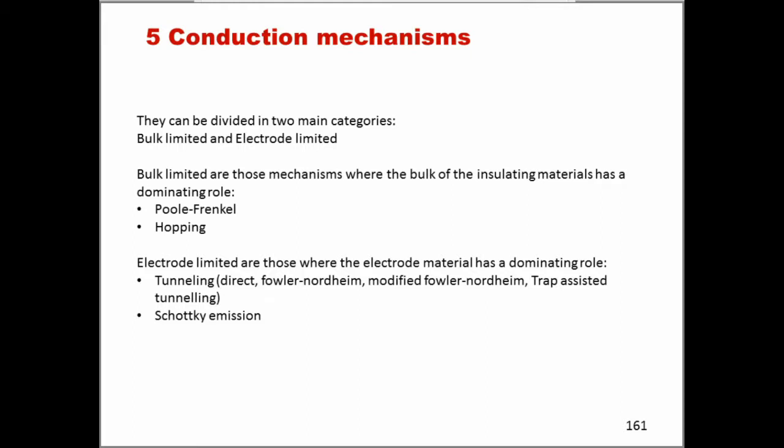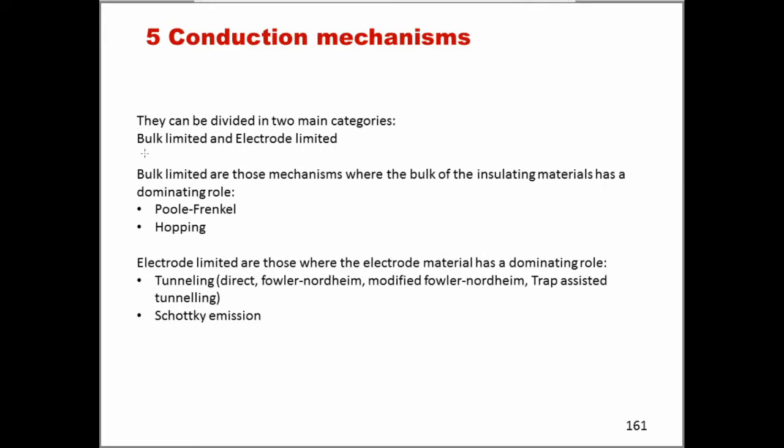But the question now is what type of mechanisms could be involved when current is passing through a device. So we'll try to have a look at this, and in order to organize our exploration a little bit, we will categorize these conduction mechanisms in two big classes.